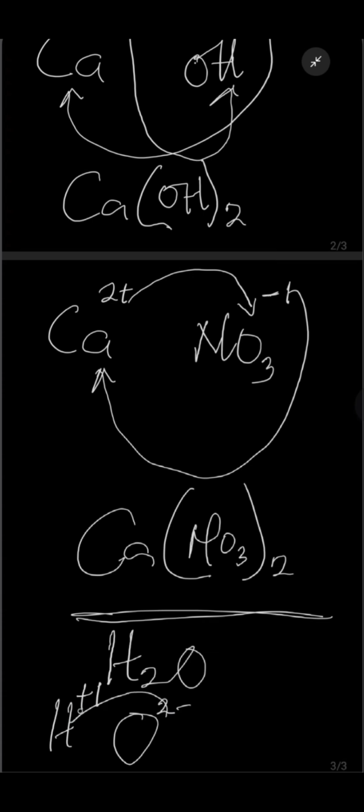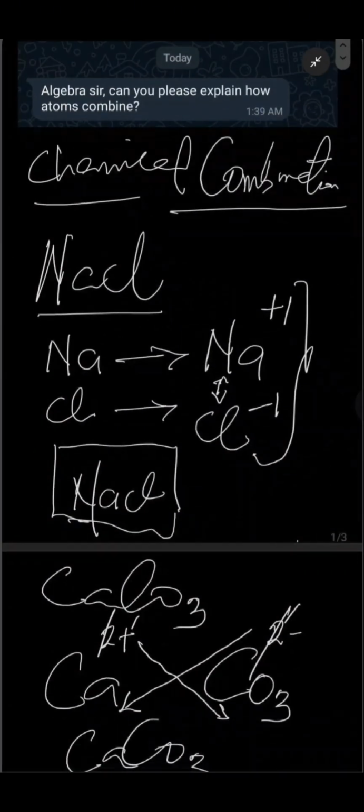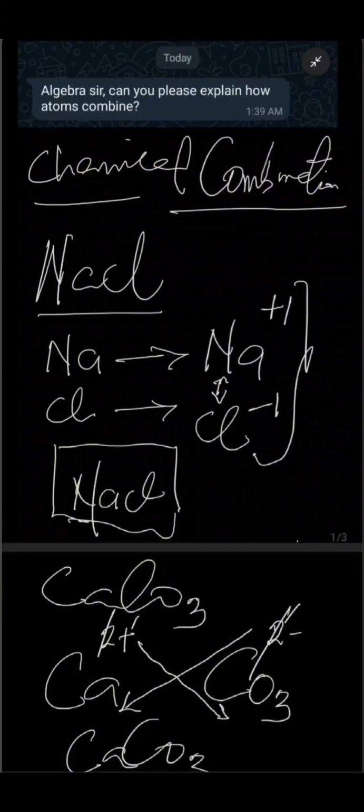So the 2 goes to hydrogen and the 1 goes to oxygen. That is why we can write it as H. H has taken 2, so it will be H2. Oxygen took 1 from hydrogen, H2O, like that. You can try as many compounds as possible, and from their names and valencies, the charges on them, you know how to easily combine them.